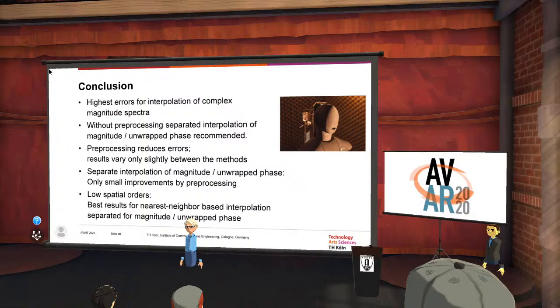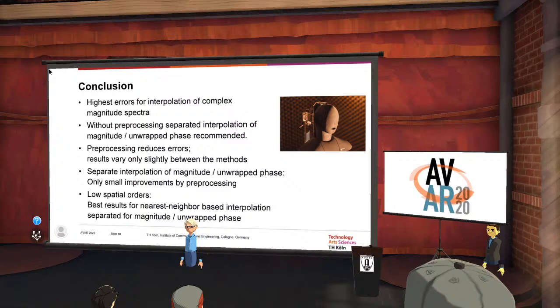Yeah. Thank you. I was wondering, this interpolation, have you looked into any artifacts when doing dynamic interpolation, which is changing the angle between the interpolations, or is it just for static interpolation?